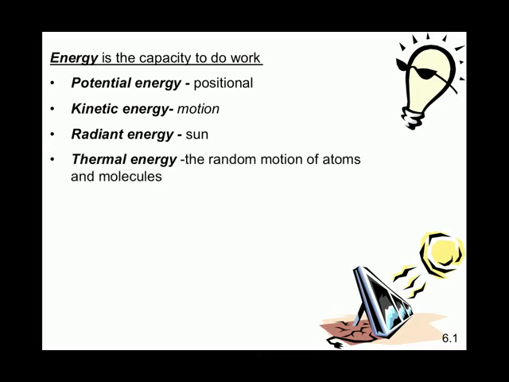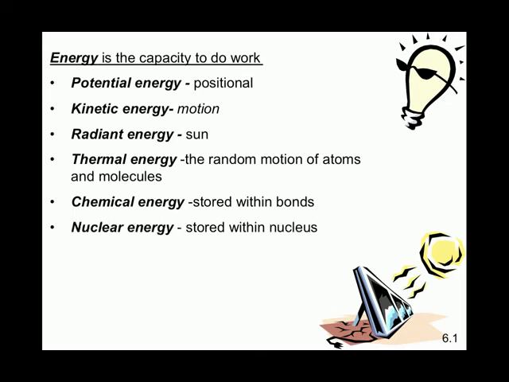Thermal energy, which is heat energy, and that's due to the random motion of atoms and molecules. Chemical energy, which is what we're really concerned with here, and that's the energy stored within the bonds. We have nuclear energy, energy stored within the nucleus, and we're interested in that when we talk about atomic bombs or nuclear power plants.